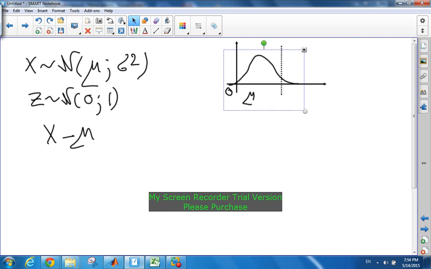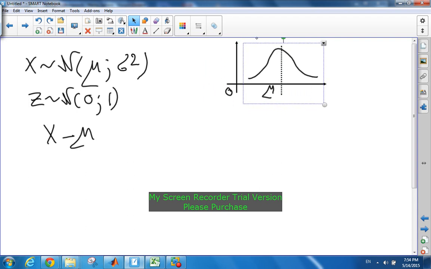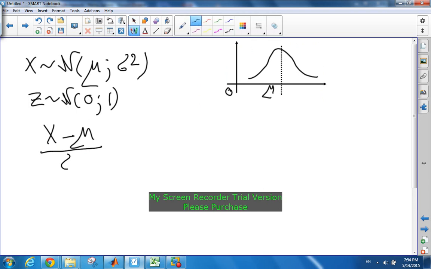It's located here, all right? And then when you divide by sigma, you are scaling, so that this bell-shaped curve becomes narrower or wider, depending on whether your original sigma is larger or smaller.